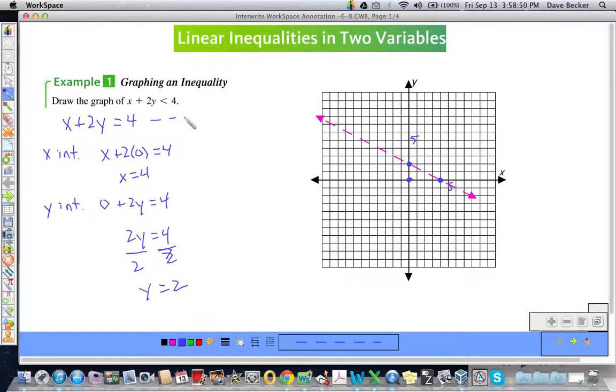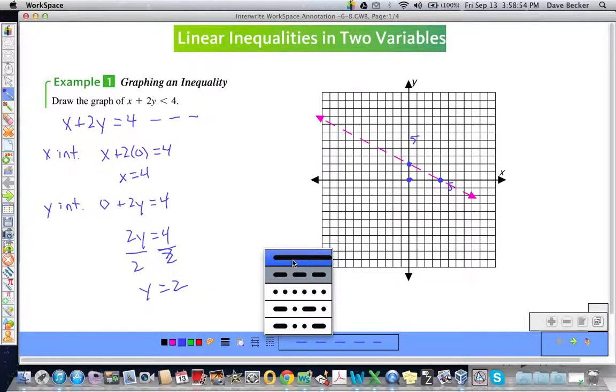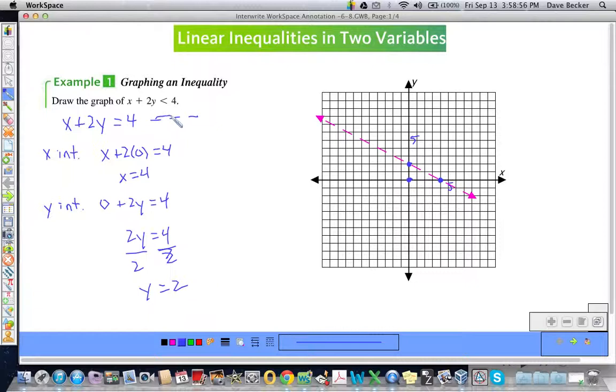I'm going to substitute it into the inequality. Is 0 plus 2 times 0 less than 4? Well, 0 plus 0 is 0, less than 4. And the answer is yes!